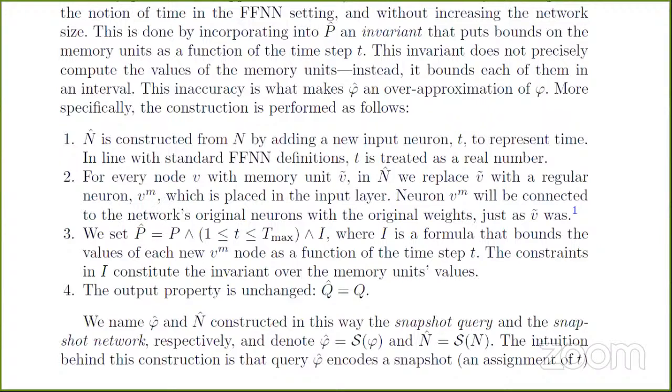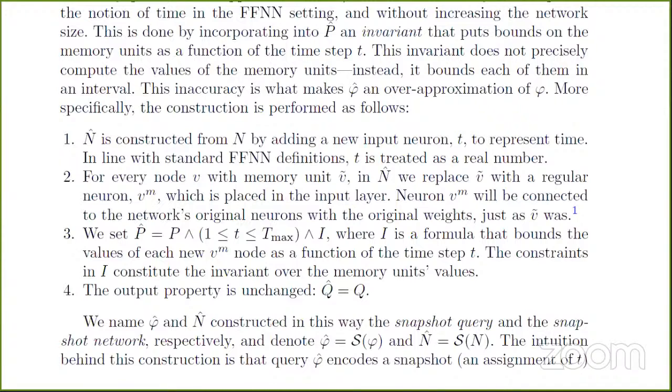What else do you do? For every memory unit, you replace this. Remember that there was this square memory unit box in the figure that we had seen. They are suggesting that you replace this square box by a regular neuron, which they call VM to denote the memory neuron.